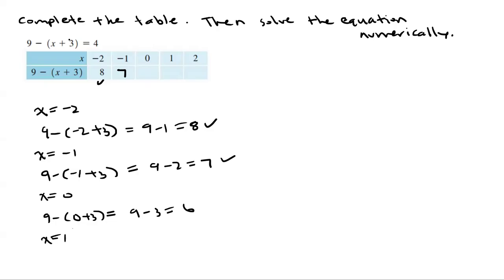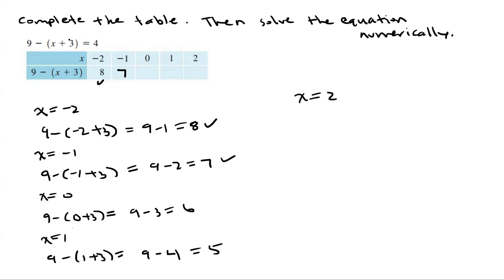x equals 1. So 9 minus 1 plus 3. So that's going to give us 9 minus 4, right? Which is 5. Okay, and then we have x is equal to 2. Right?